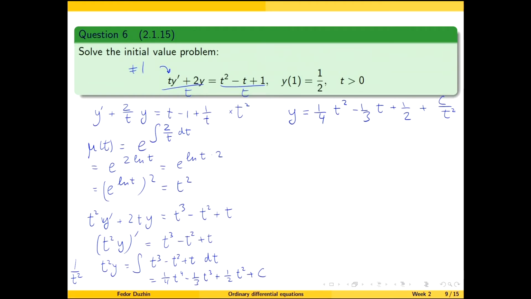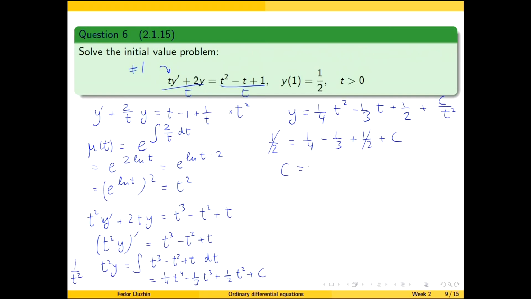Okay, so let's use the initial condition to solve for c. So y of 1 equals 1/2. Now 1/2 equals 1/4 minus 1/3 plus 1/2 plus c. Okay, cool. So 1/2 plus 1/2 cancels out.